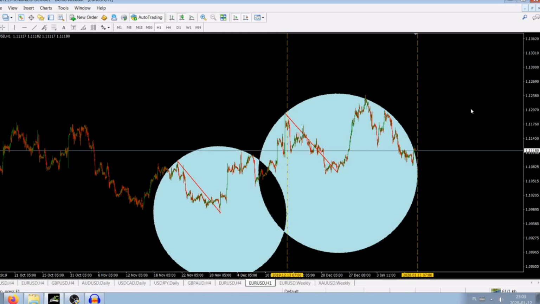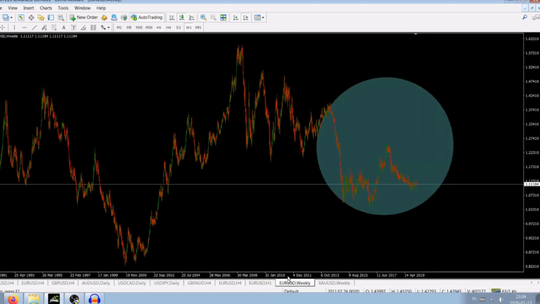And now I promised you at the beginning to show you major turns on Euro USD, and I'll show you as well a major turn on gold. So let's go to the weekly chart. Look here, we are here, right here. I don't make this chart bigger, because when I make it bigger, the circle becomes an ellipse and all will be messed up.